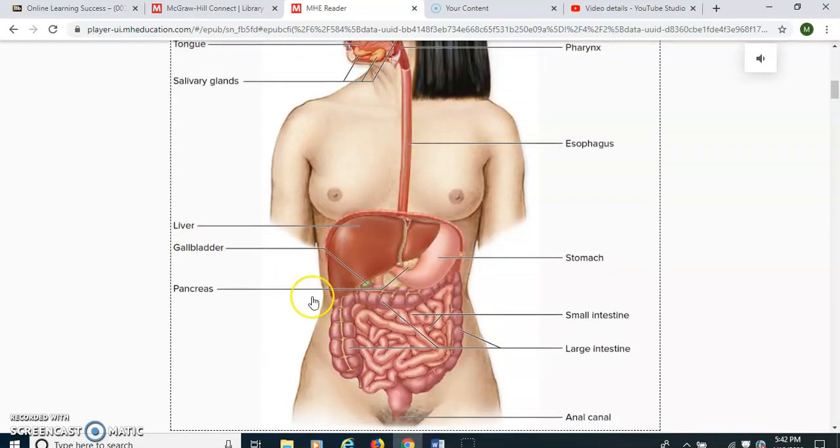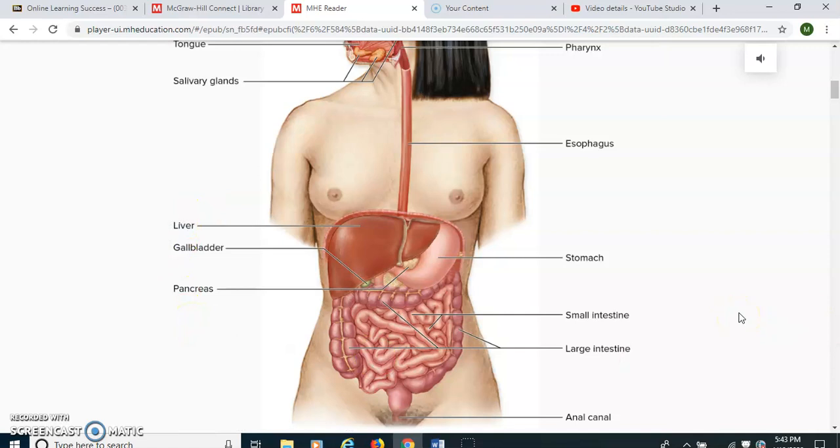And then down in the abdomen, we talk mainly about the liver, gallbladder, and pancreas as being the 3 main accessory digestive organs. Food doesn't pass through them, they're not part of the tract, but they do produce secretions and other substances, enzymes, bile, and bicarbonate, that will enter the digestive tract. So they're aiding in digestion, and they may have other functions besides just digestion.